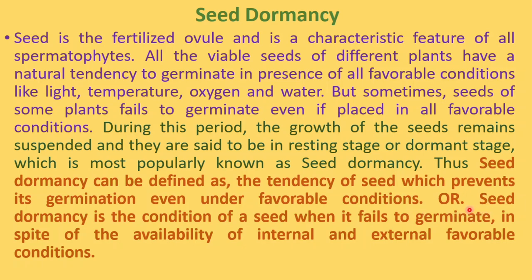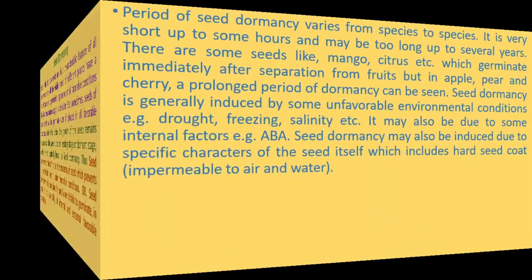Or in other words, we can also define seed dormancy as the condition of a seed when it fails to germinate in spite of the availability of internal and external favorable conditions. So although all favorable internal and external conditions are provided, the seed will fail to germinate. This is also known as seed dormancy.